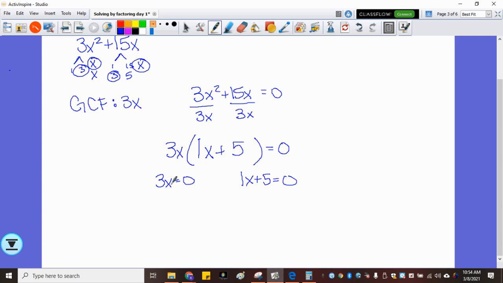How do we solve 3x equals 0? You're going to do this on your own in a second. But remember, if the 3 is right next to the x, that's multiplying. So to get rid of multiplication, you divide. X equals 0 divided by 3, which is 0.